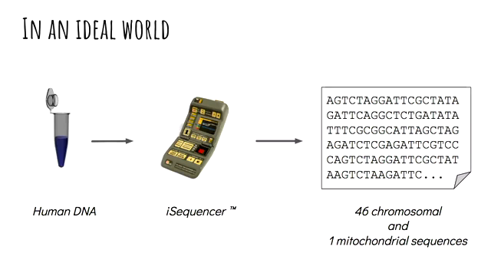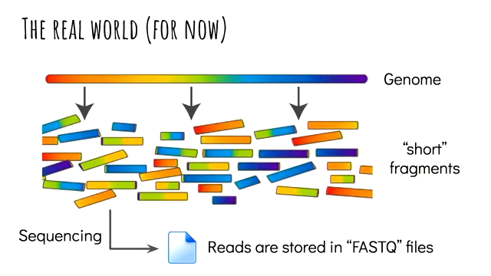So at the moment, we don't have a machine that is capable of taking a single piece of DNA and telling us every letter with 100% complete accuracy in that single piece of DNA for the whole replicon or a whole chromosome at a time. They're just too big and they're too fragile, and the machines can't cope.